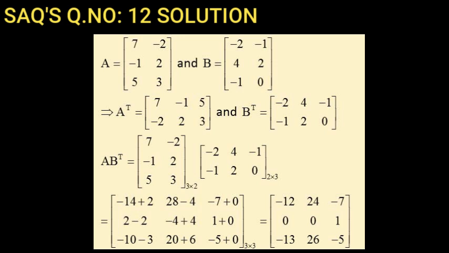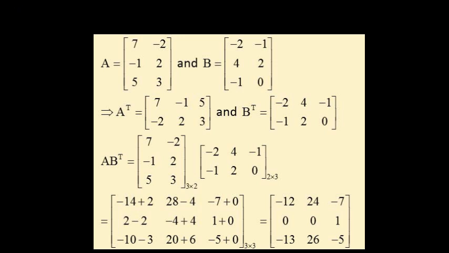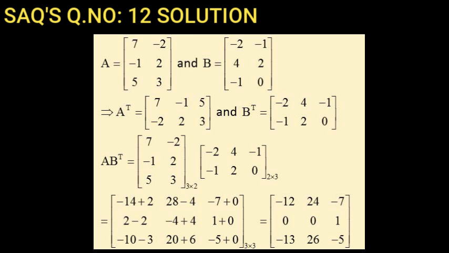Here the matrix multiplication exists. Then multiply these two matrices by using multiplication of matrices. That is, multiply the first row of the first matrix with the first column of the second matrix. That is 7 into -2 is -14, plus -2 into -1 is 2, which is the first element.